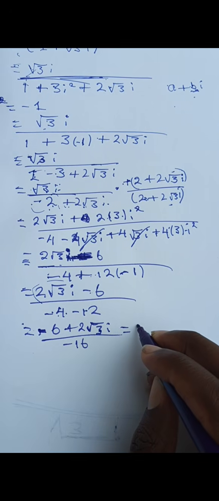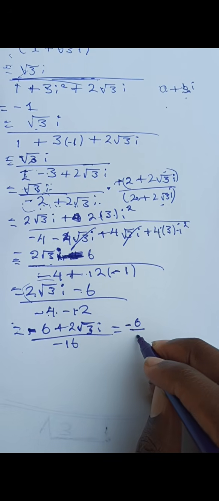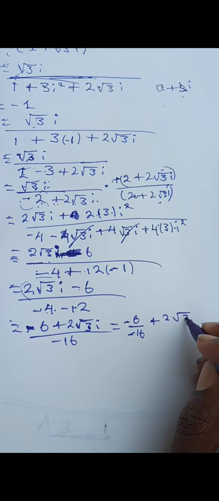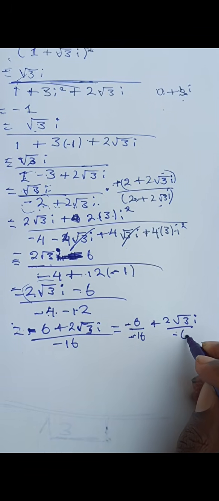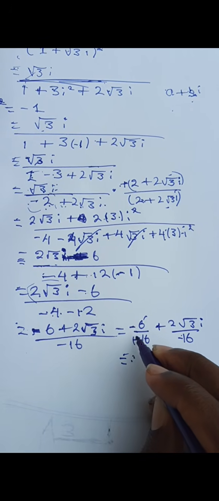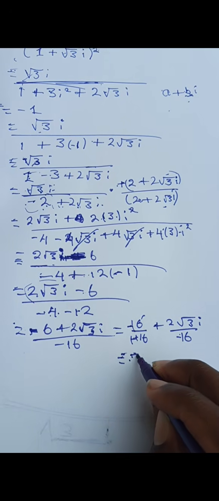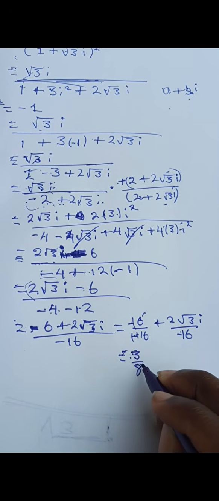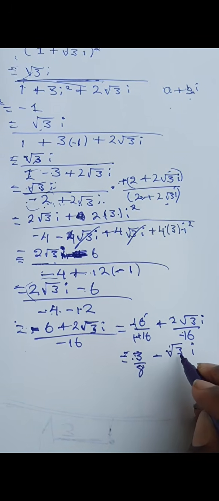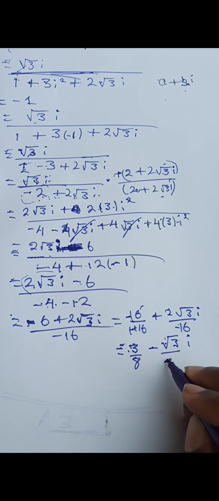Okay, so to live in this format, we are going to say negative 6 over negative 16 plus 2 square root of 3i over negative 16. So 6 over 16 is going to be 3 over 8. Then 2 over 16 is going to just leave us with square root of 3 over 8, with the sign.